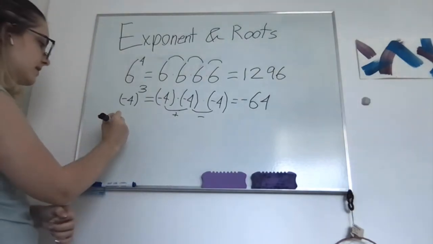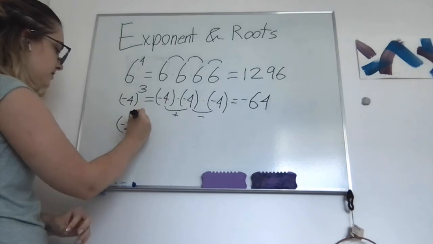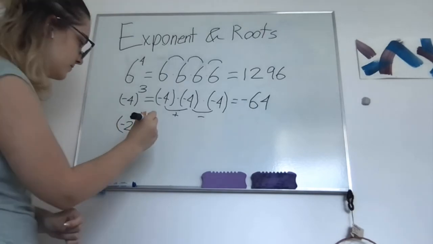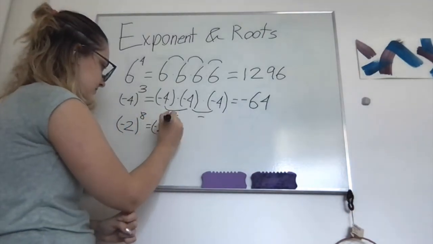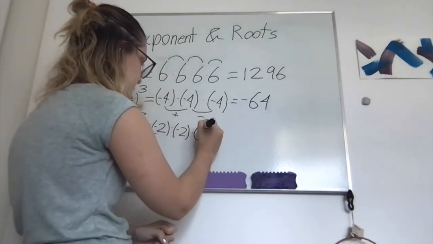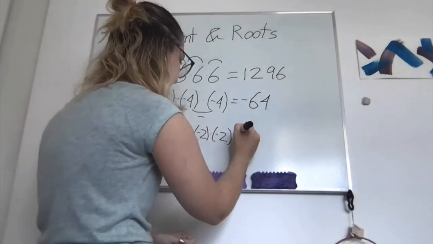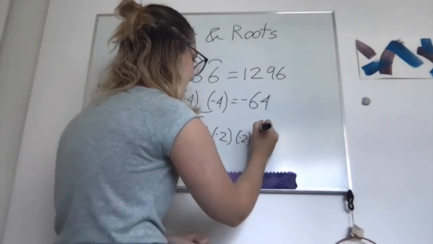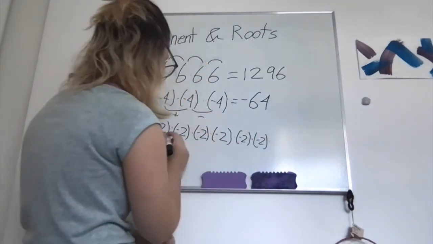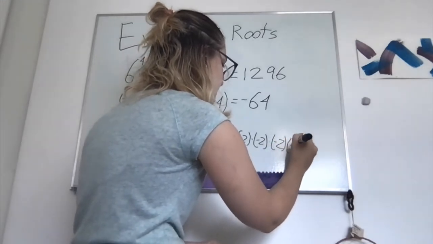Let's try another example with negative numbers, but let's try -2 to the power of 8. -2 times -2, it's going to be long. -2 is 4. -2, -2, 2, 3, 4, 5, 6, 7, 8.